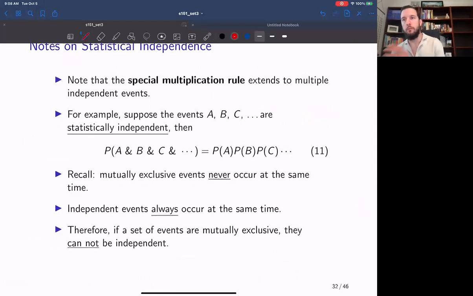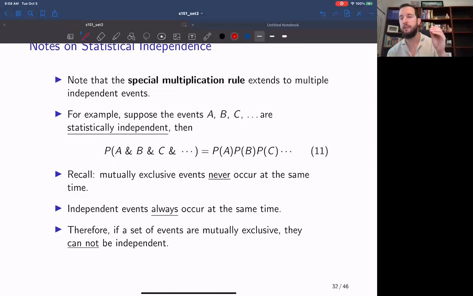Independence extends across multiple events. We have looked at examples where we only have two events occurring at the same time, and these will generally be the types of events that we consider in the class. But it's worth noting that the idea of multiplying the marginals together to find the intersection can be extended to as many events as there are in the space, as long as those events are independent.